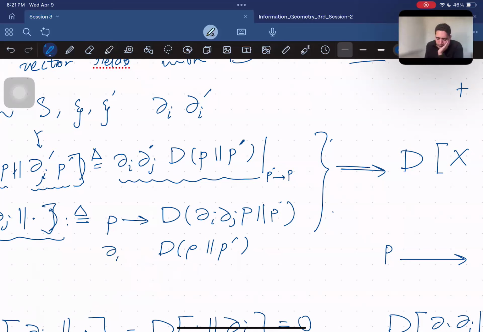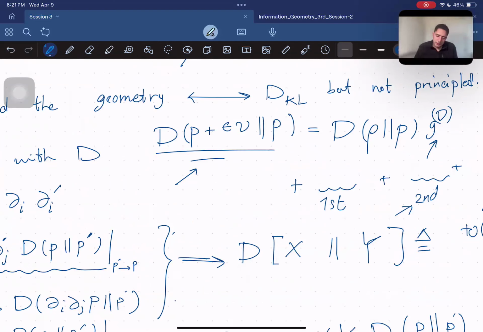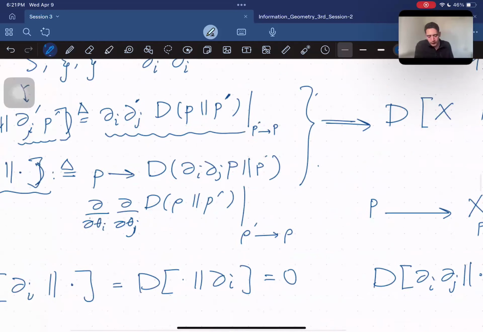I then take the derivative with respect to theta i and then theta j. And then the resulting, I take a look at this. It's nothing but calculating the exact Taylor expansion coordinates if I talk about divergence in this way.